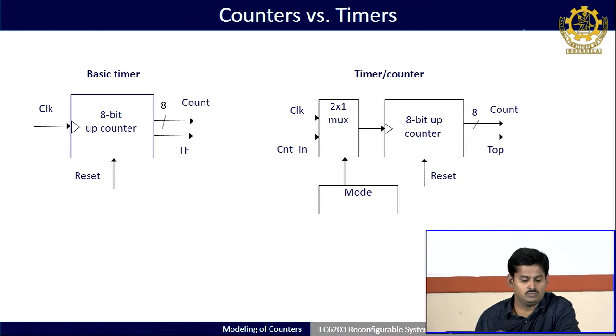Try to differentiate these two from a constructional, architectural point of view. As far as functionality is concerned, a counter will count only the number of count sequences; it does not have any unit. But a timer will count the entire time interval, which has a certain unit in terms of second, nanosecond or millisecond.